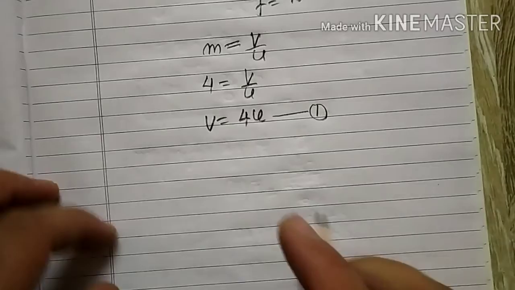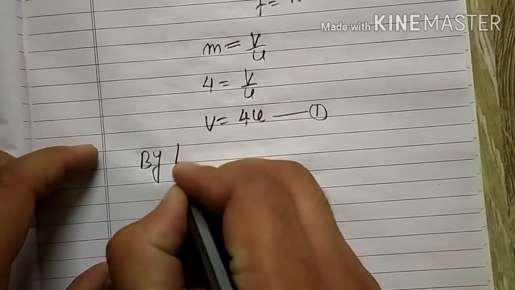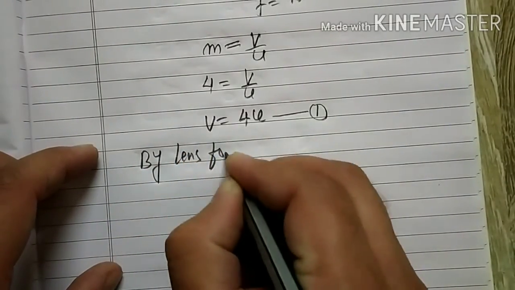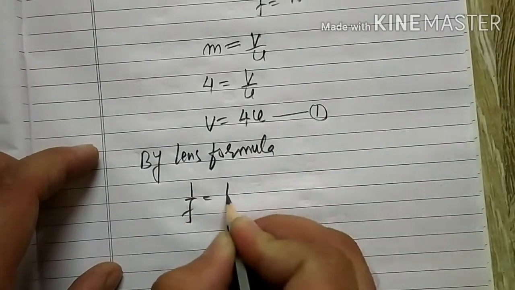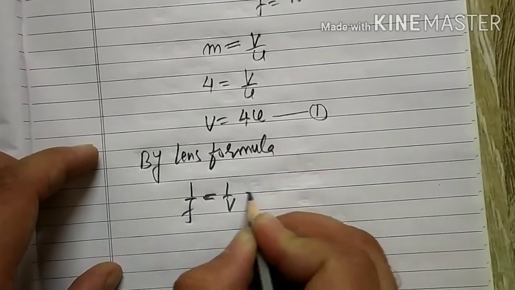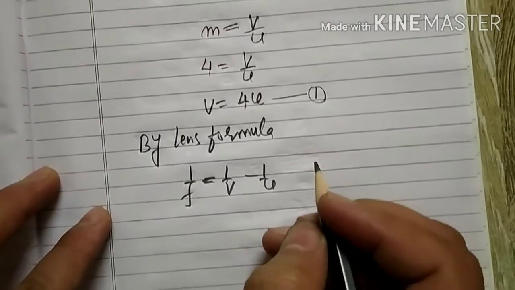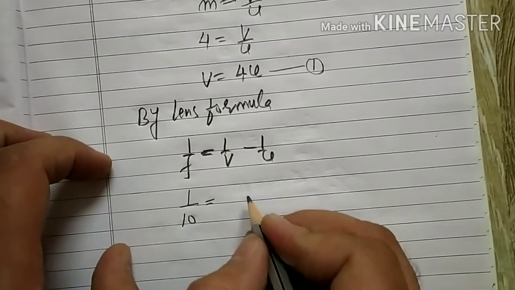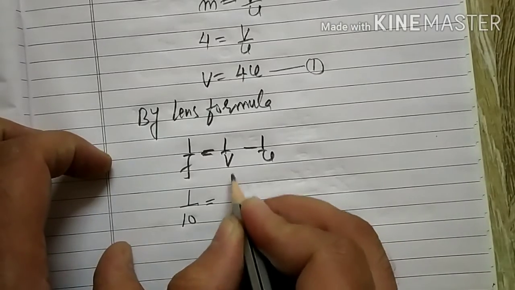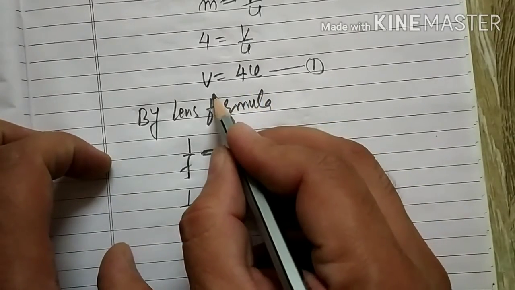Now I will apply the lens formula. The lens formula says that 1 by f is equal to 1 by v minus 1 by u. The focal length is 10 only, it is mentioned in the question. We don't know the value of v, but we found v in the form of u.